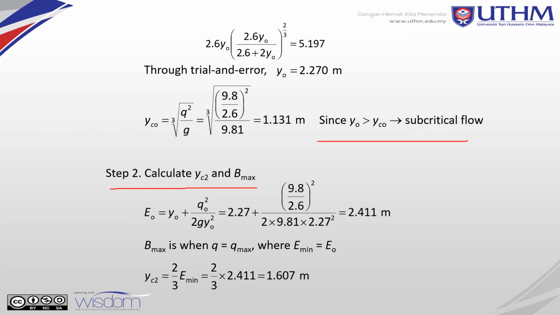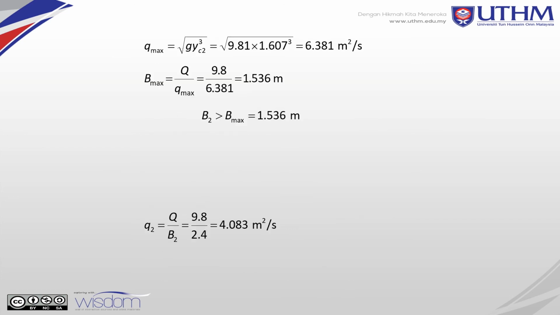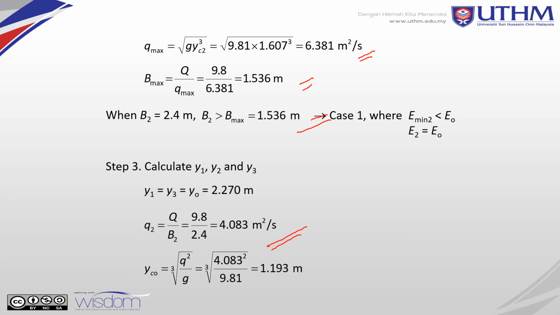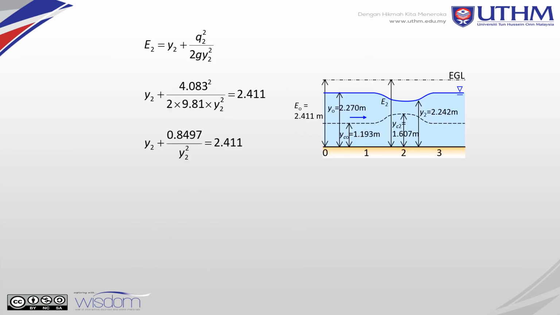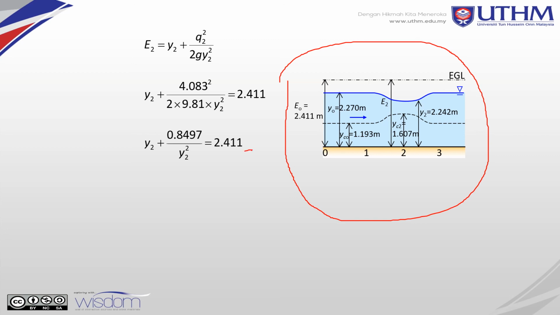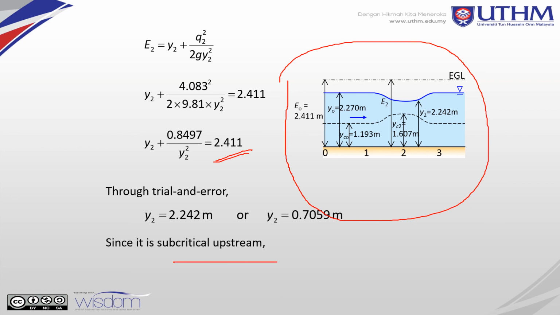Step 2, calculate YC2 and Bmax. Step 3, calculate Y1, Y2, and Y3. So you get this value. Lastly, you must sketch using the values that you get here. This is the subcritical flow.